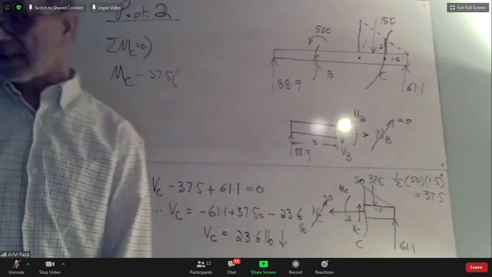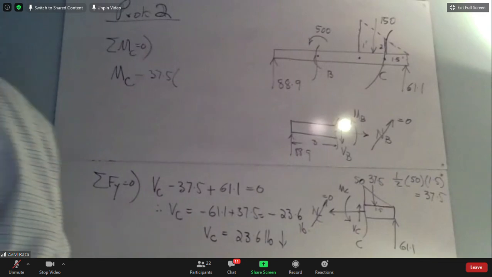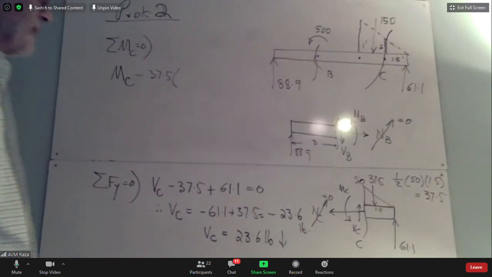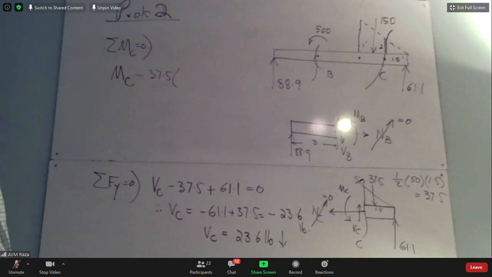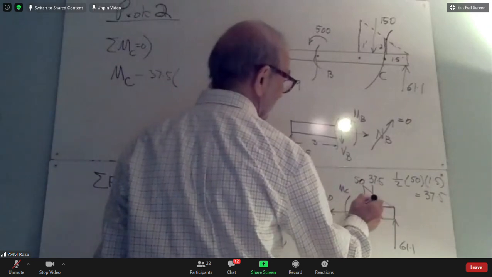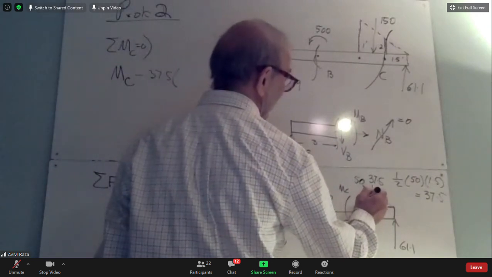What will be the moment arm for the 37.5 pound force? 0.5. 0.5, thank you, because it will be acting 1/3 of 1.5 from the tall end, which will be 0.5 there.